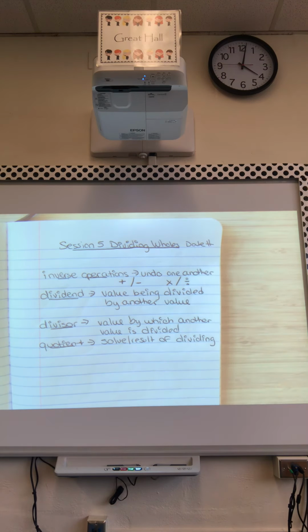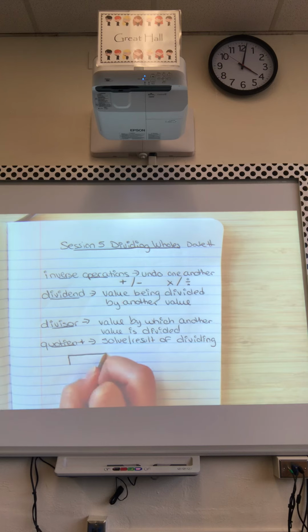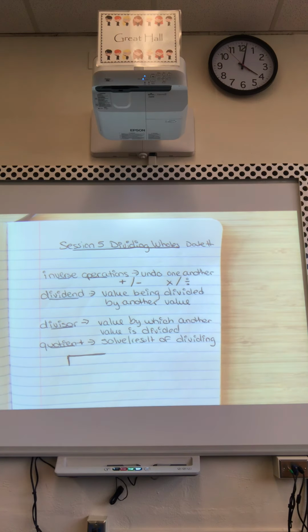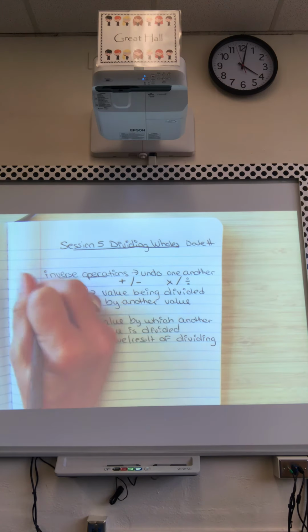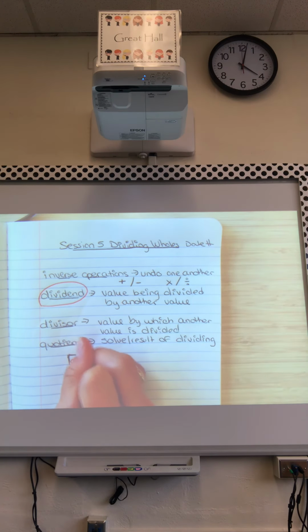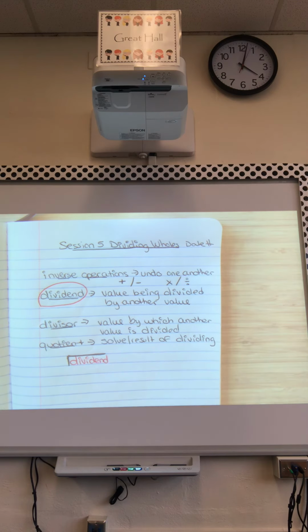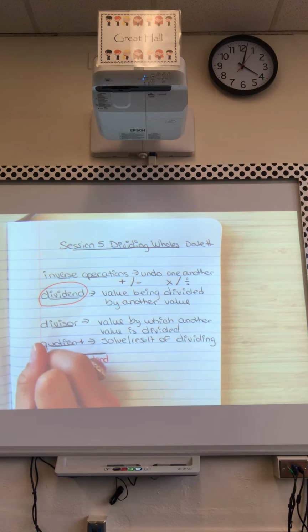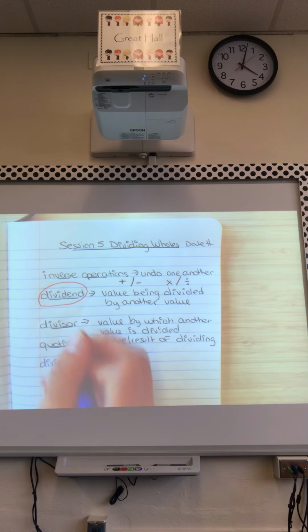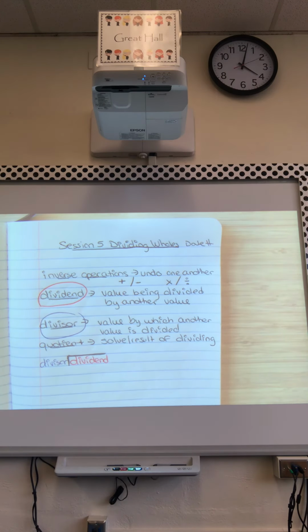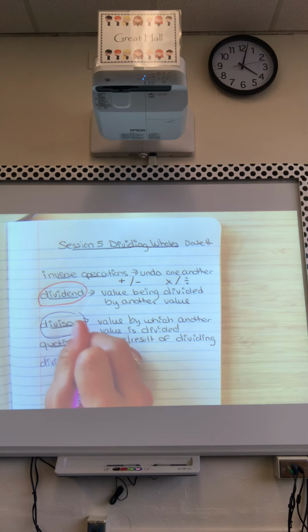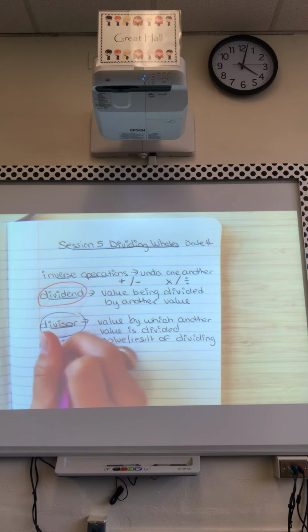And when we set up our problems, typically in 5th grade or in 4th grade, you've seen problems that look like this with this symbol. And it says, for example, the dividend is here, and your divisor is over here, and then your quotient goes here on top.